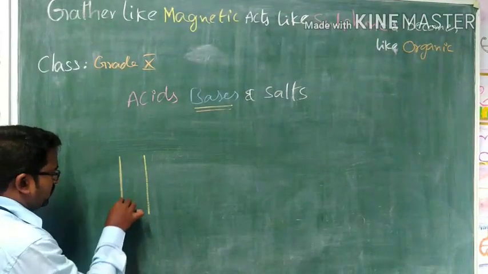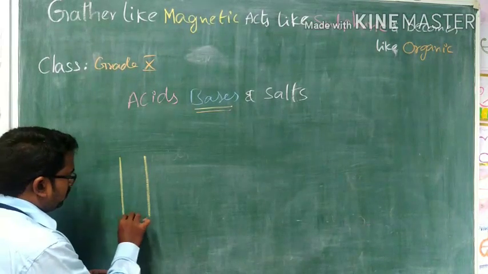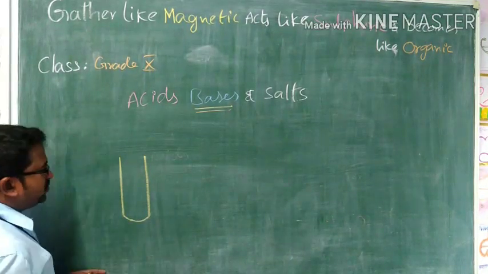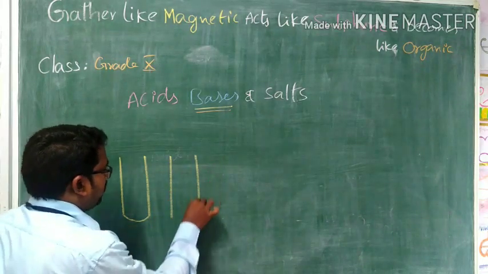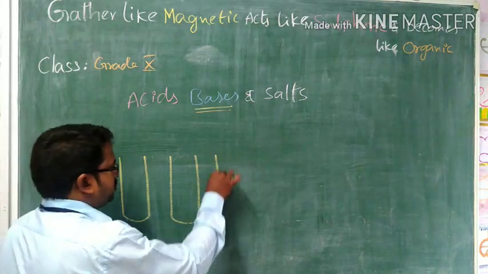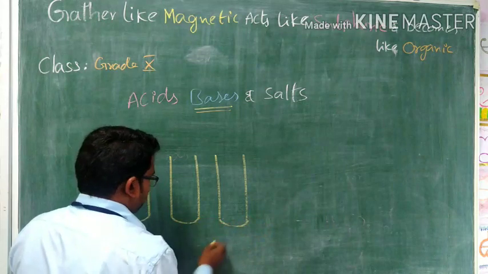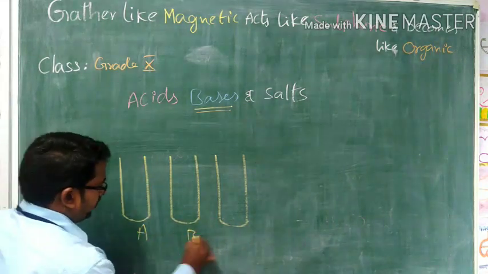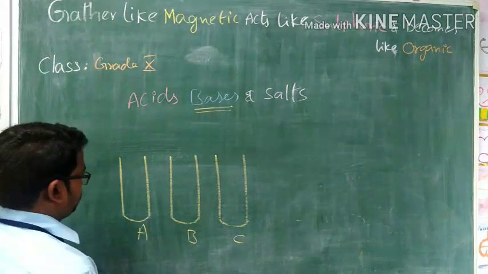Yes. So the question is given like this. There are three different solutions in three identical test tubes. So these are the test tubes. In these three test tubes, let us consider A, B and C as the test tubes of different solutions.